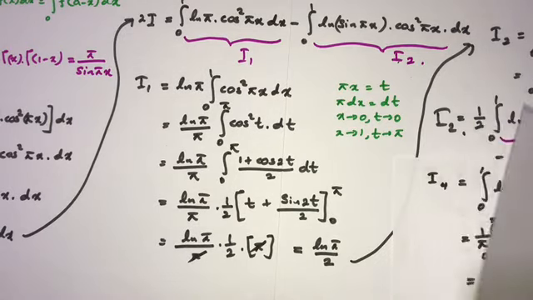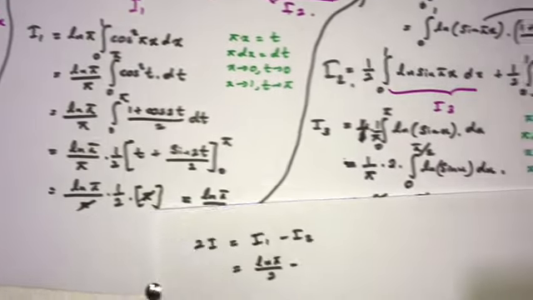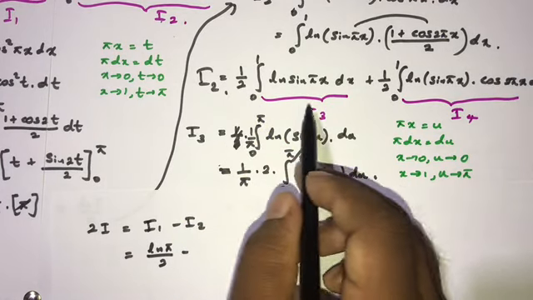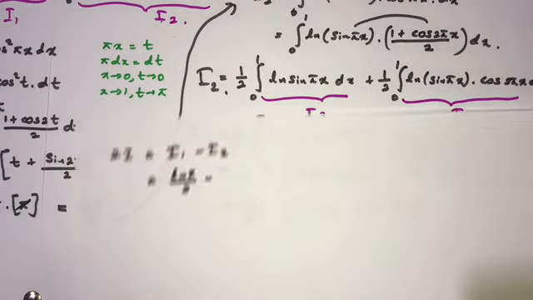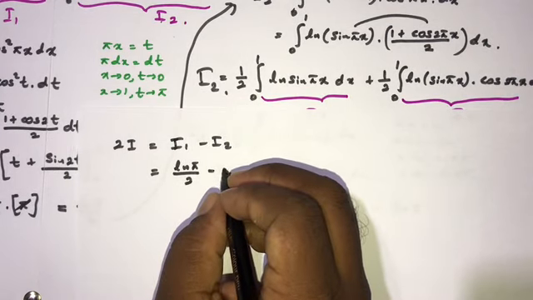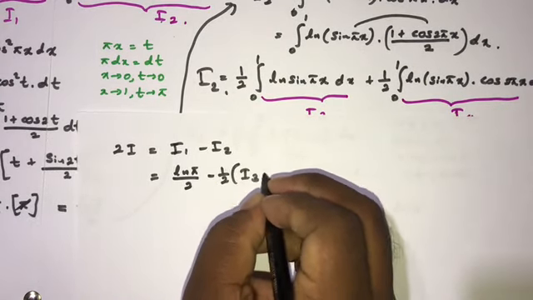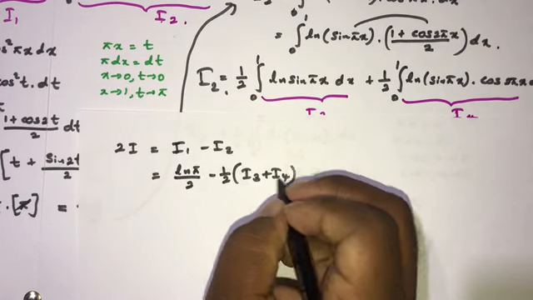Now I2 we know is 1/2 times I3 plus 1/2 times I4, so 1/2 is a constant, so 1/2 of I3 plus I4.